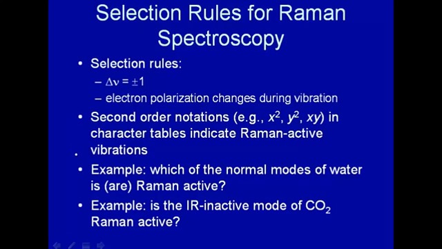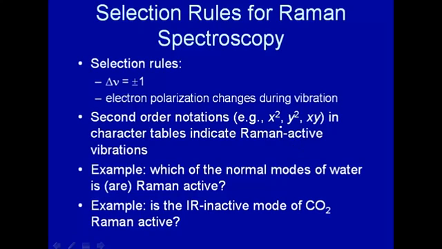Corresponding to that for Raman spectroscopy is not just X or Y or Z, it's second order: X squared, Y squared, XY, and so on. If the irreducible representation of the normal mode corresponds to one of these, then you would say that normal mode is Raman active.